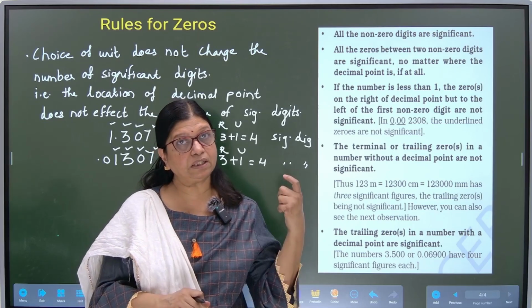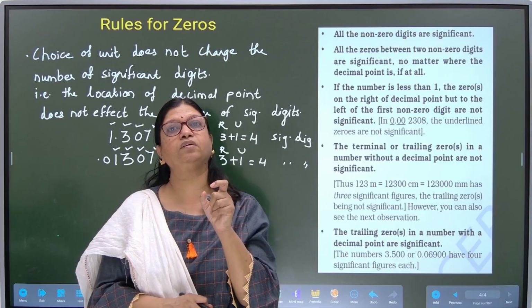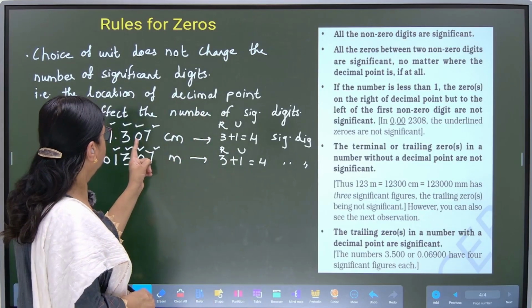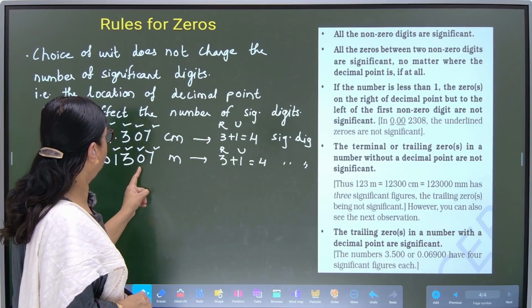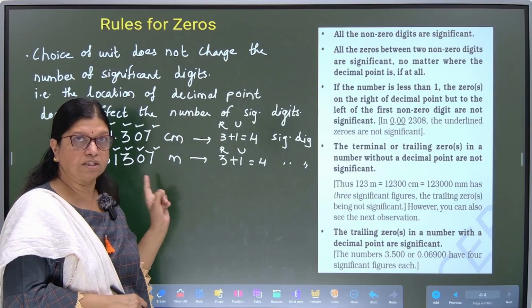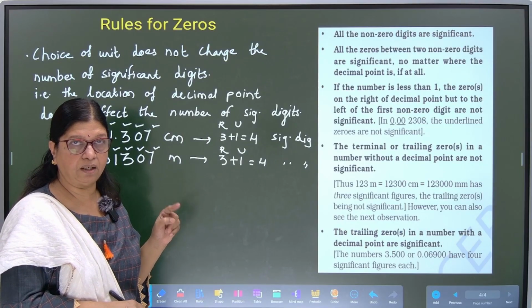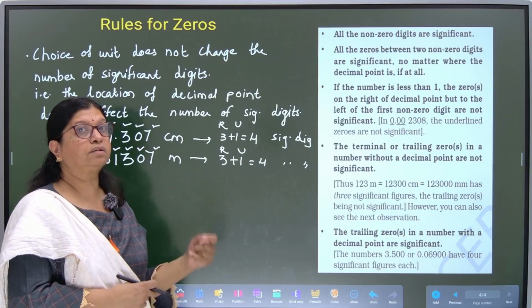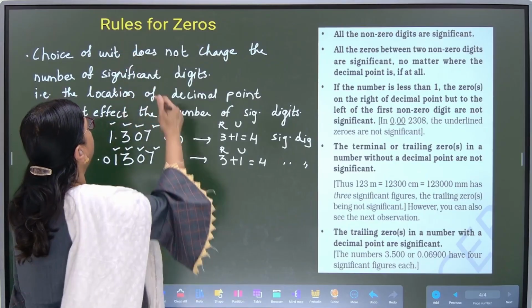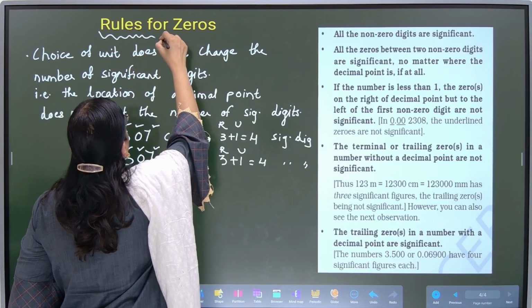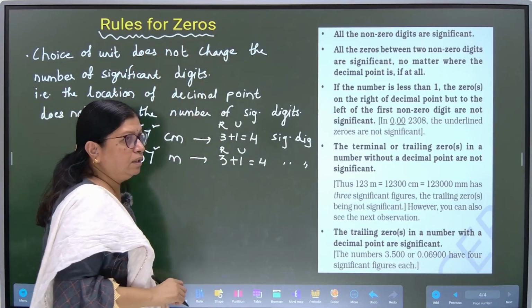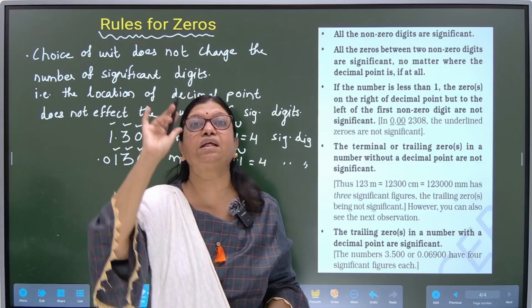Fine. Now in this number, you have a 0 here, you have a 0 here, you have a 0 just after the decimal point. So what are the rules to be followed while considering the significant digits for 0?